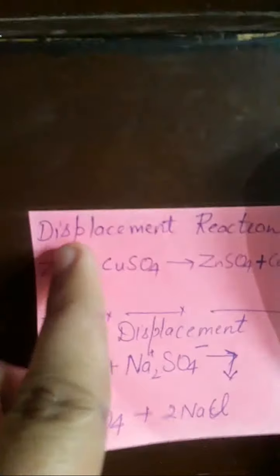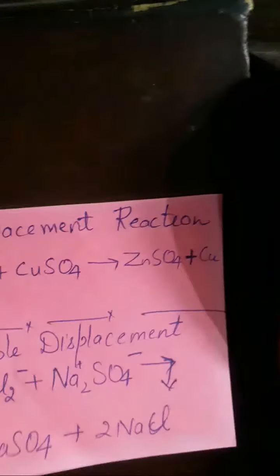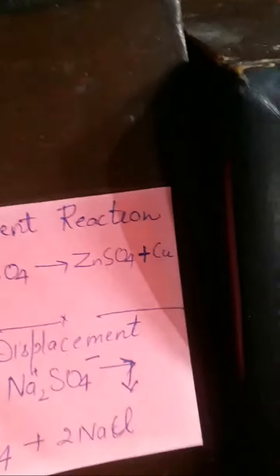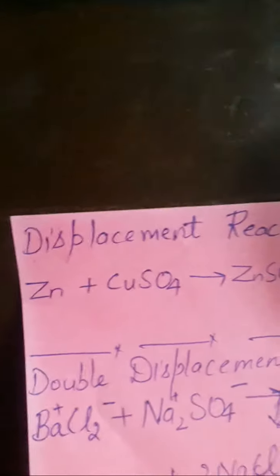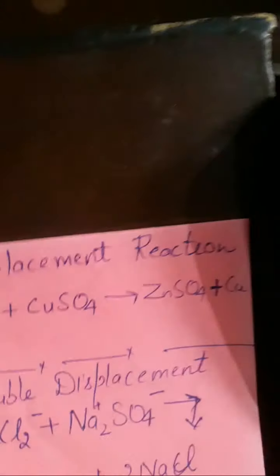Now, what will happen in the displacement reaction? In a displacement reaction, the highly reactive metal will displace the less reactive metal from its solution. Here I have written zinc plus copper sulfate solution. Zinc is a metal and we put it in the copper sulfate solution, and we get the products zinc sulfate plus copper metal.